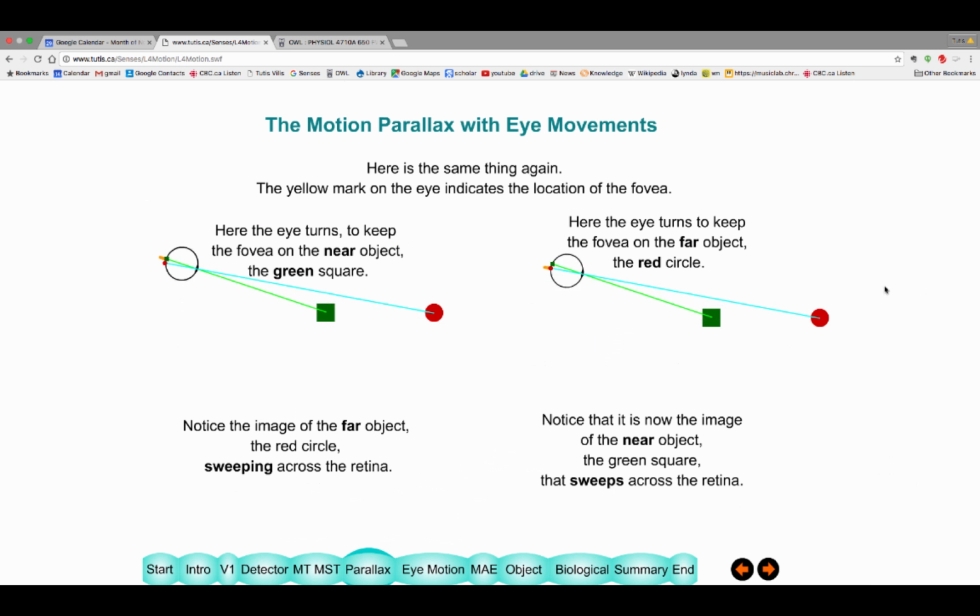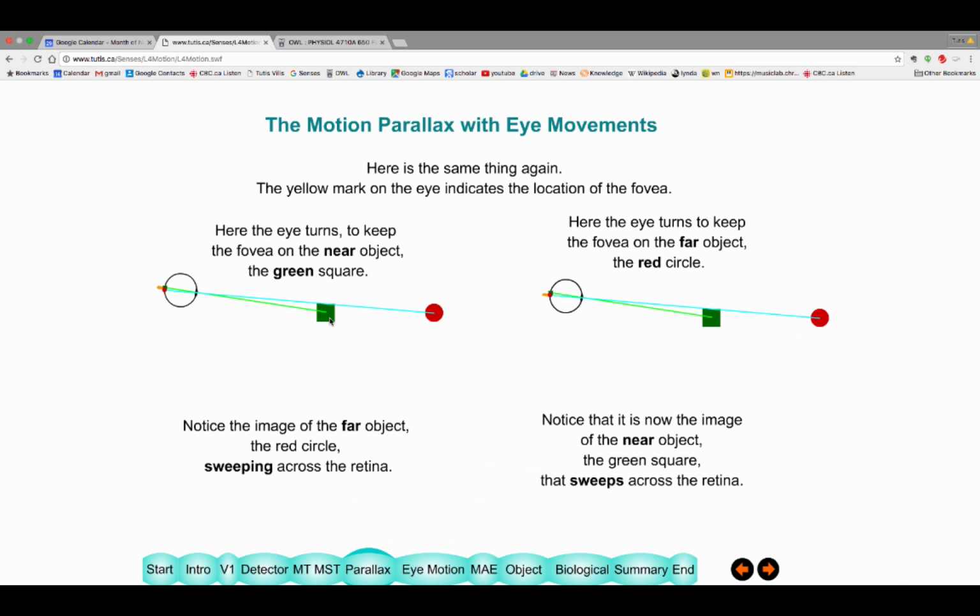And here you can see, again, these squares, but now the eye is turning with the motion. Okay? It's always pointing to one of these objects. So in this case, it's pointing at the near thing. And of course, the near thing is then stationary on the eye. It's always pointing at the back of the eye.